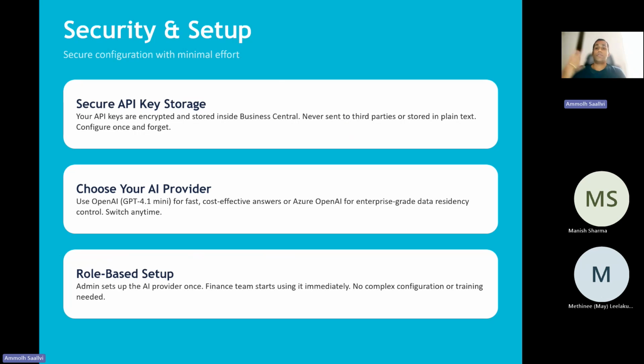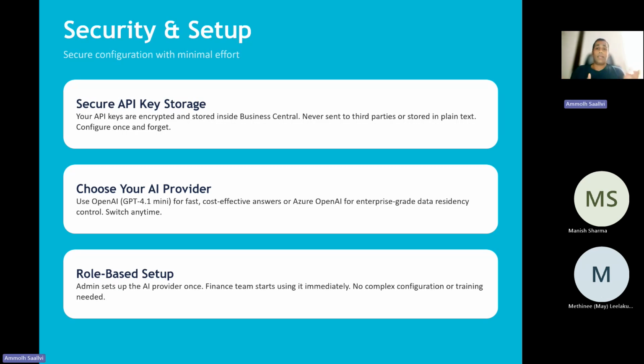Or you can use Azure OpenAI for enterprise-grade data residency control if you are already on a plan with Azure OpenAI. I recommend that partners or customers use OpenAI during the testing phase on the test database or test bed. But when you go live, you should have the enterprise plan, Azure OpenAI, or the enterprise plan from OpenAI or the cloud.